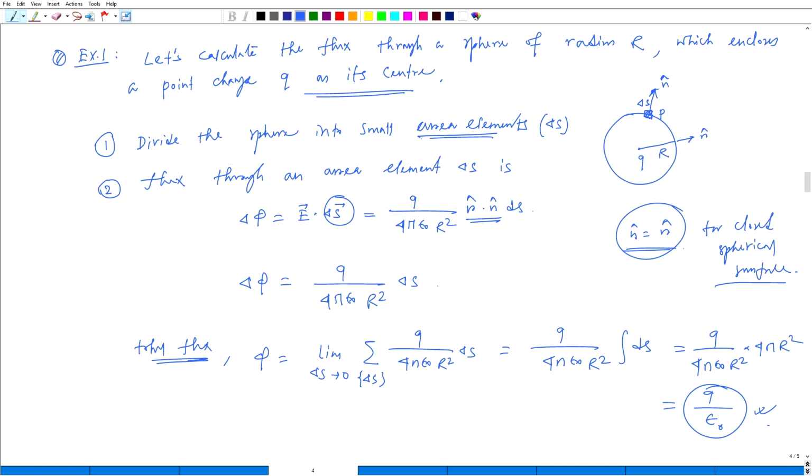If we consider any closed surface, it need not be a sphere, in any shape, and we put a charge inside it, the flux through the surface is q over epsilon naught. That is a strong statement, and that is Gauss law. This one is a general result.